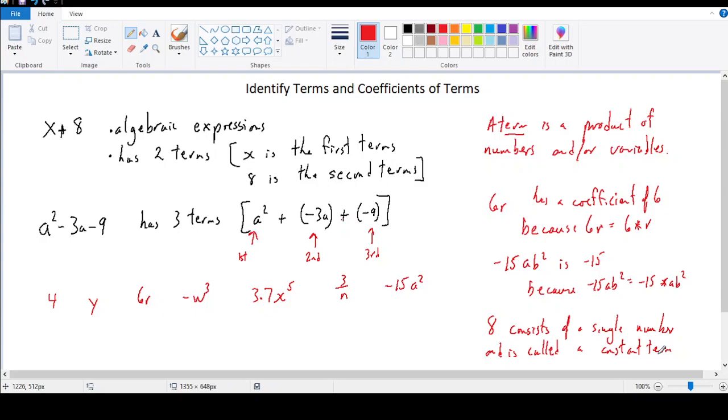Okay, so we're going to have two examples on how we work this out. So let me remove this one here so we can proceed.